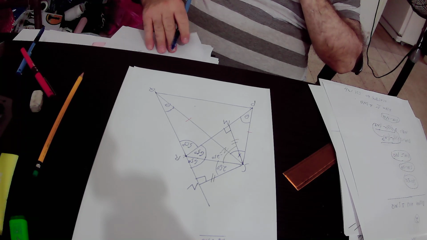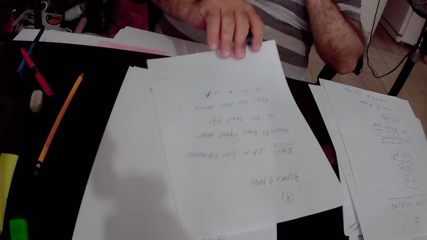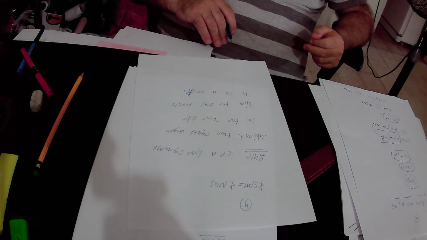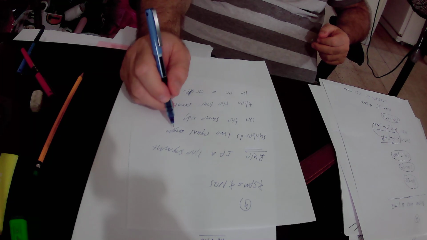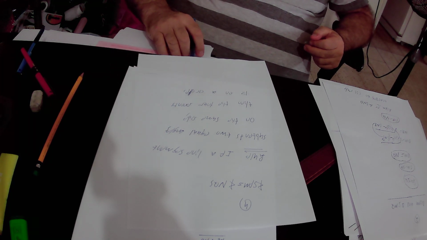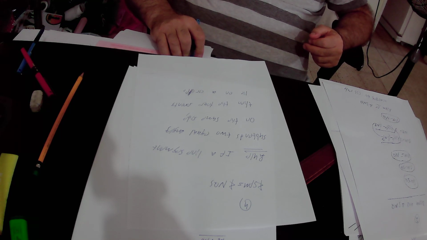So I will read the rule again. The rule states that if a line segment subtends two equal angles on the same side, then the 4 points lie on a circle.